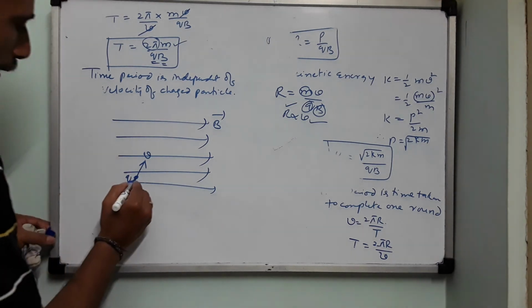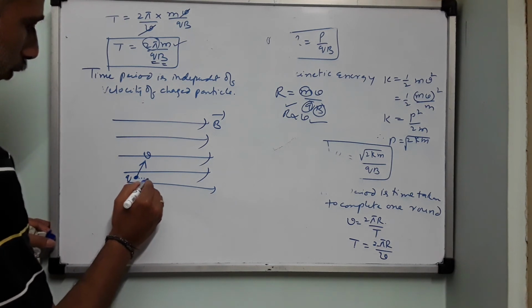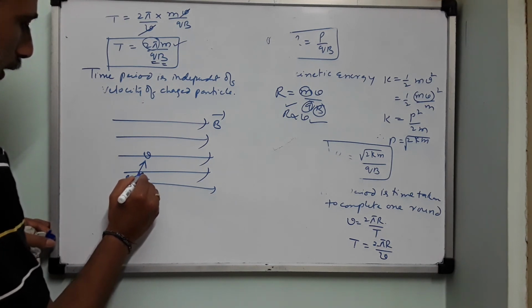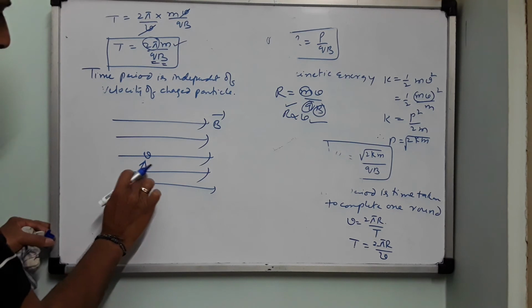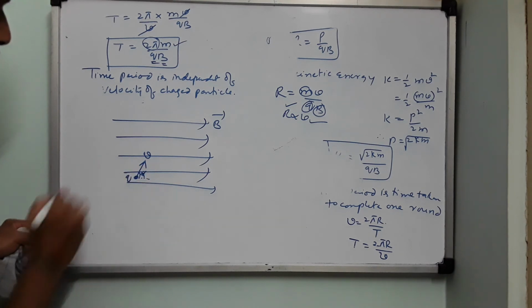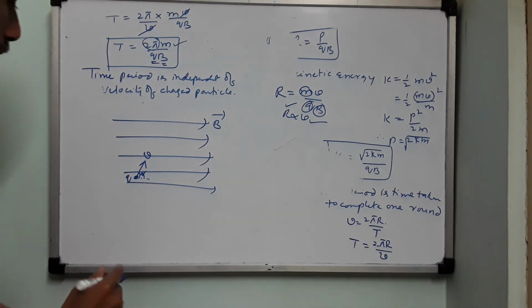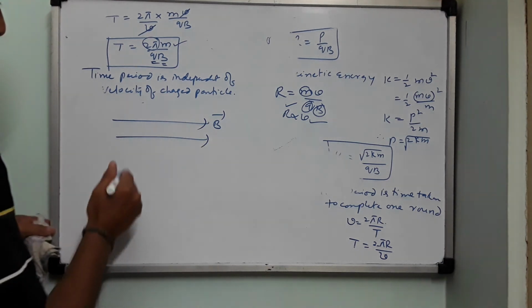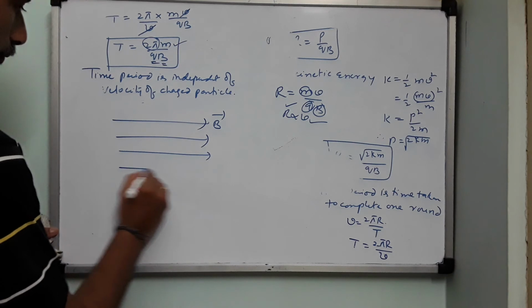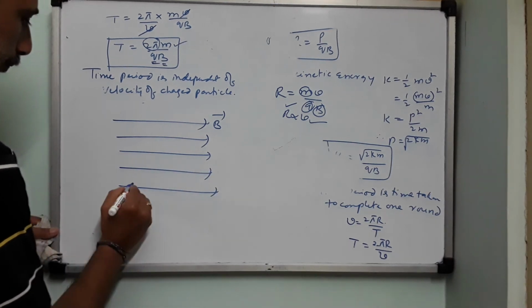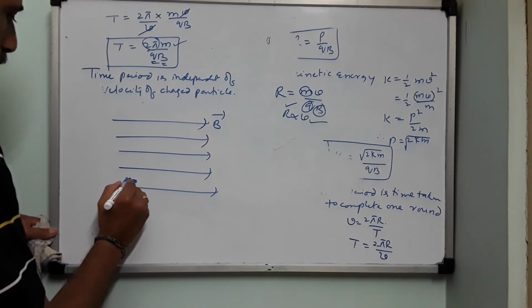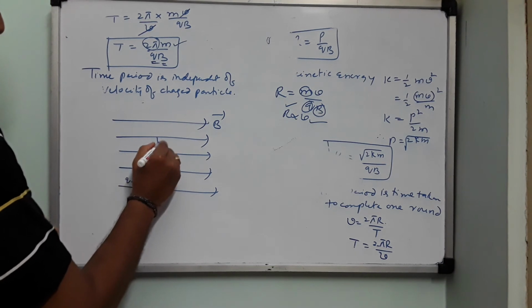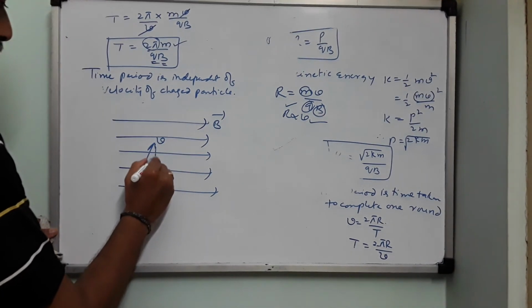So then what will happen? This velocity can be resolved into components. Let me take this angle as alpha. Okay, the diagram is clumsy. So charge Q, velocity V. Now I am resolving into components.